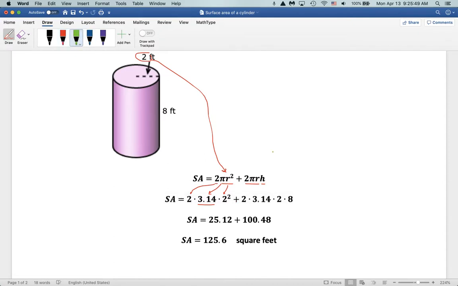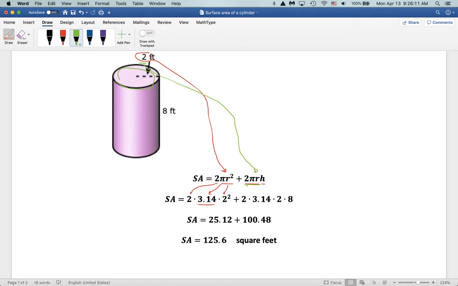Now let's look at the second part of our expression. Again, I need the circumference, the length around the edge, and that's going to be 2 pi r. Again, r is 2, so I put a 2 right here.